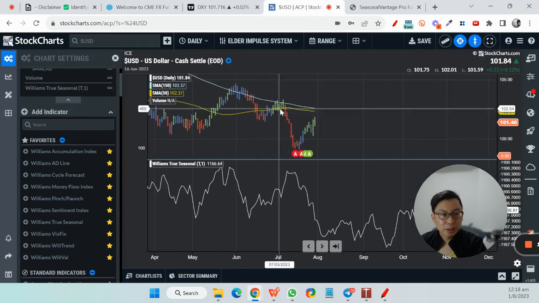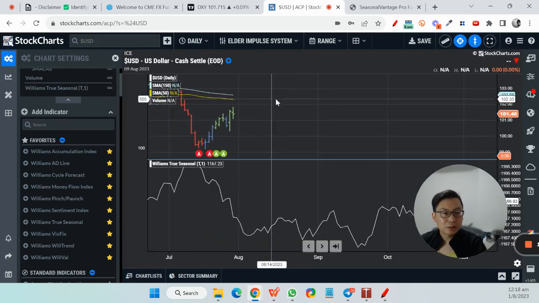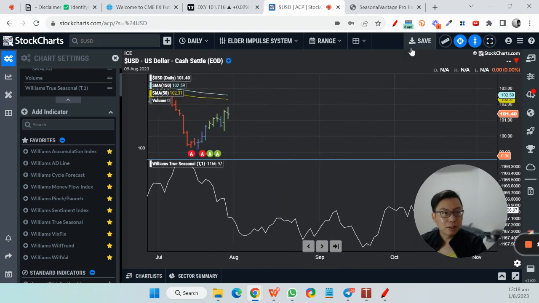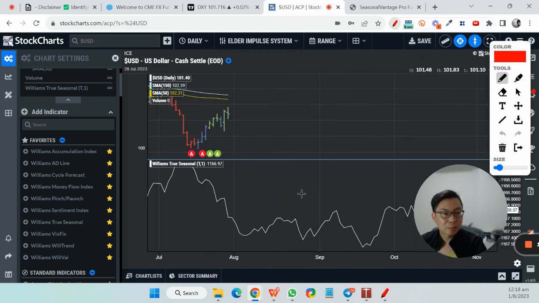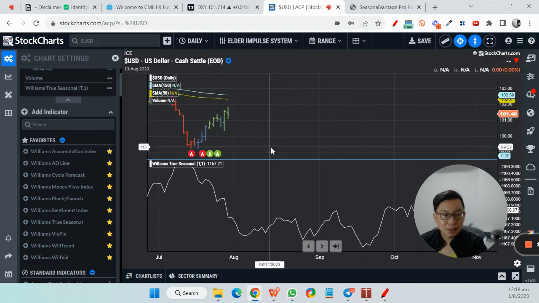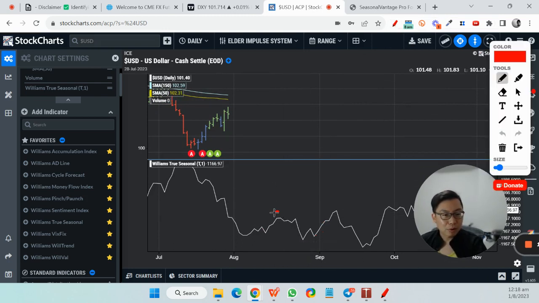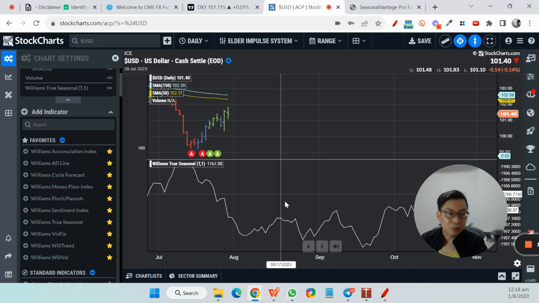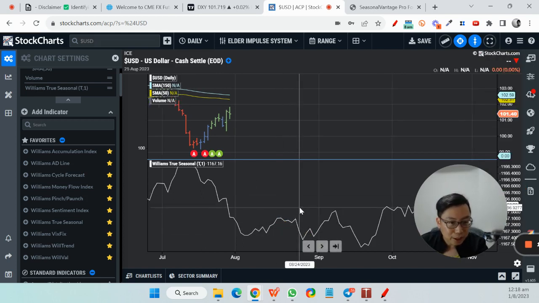This period in August is somewhere around here, so there's a tendency for it to drop from 11 August to the end of August. It has a tendency for the dollar index to depreciate. This is exactly what you are trying to visualize here.